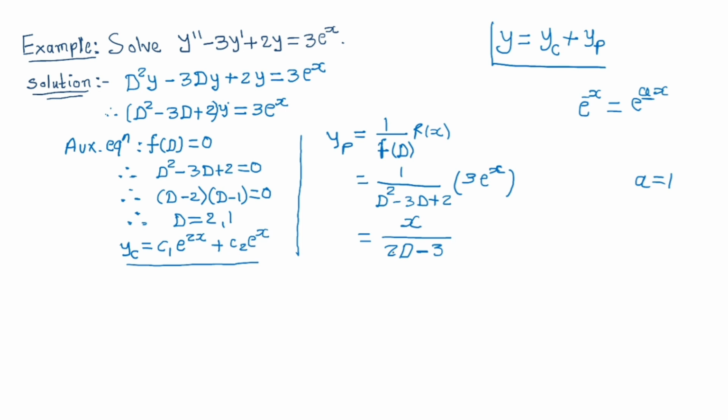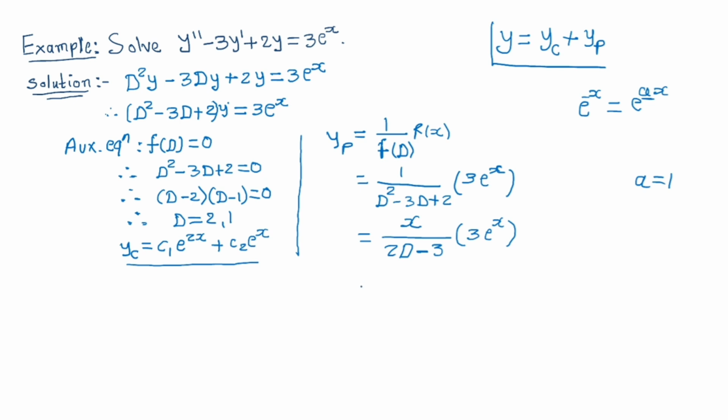So it will be x upon 2d minus 3, and the forcing function stays as it is, 3 e raised to x. Keep this in your mind.